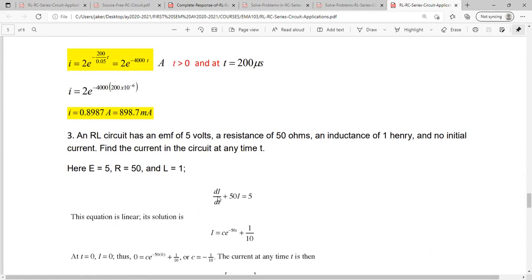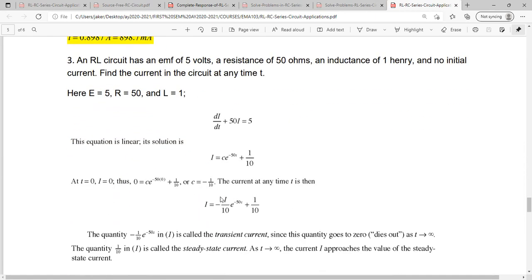For the third circuit, it's still an RL circuit, but class, this time it's not source-free. You already have an EMF of 5, a constant, and you also have the resistance and the inductance. So we're finished with that.